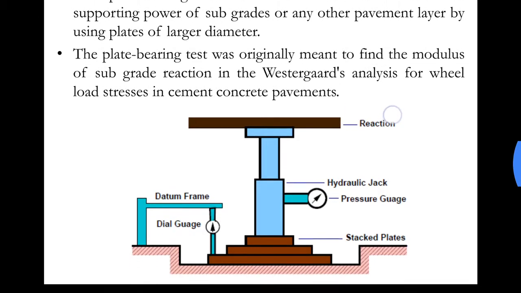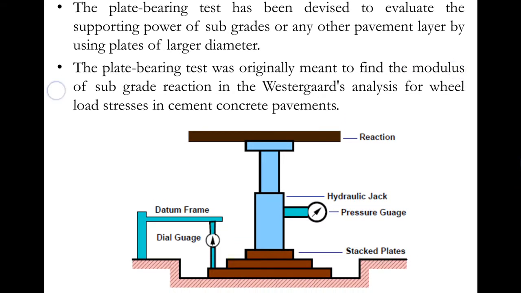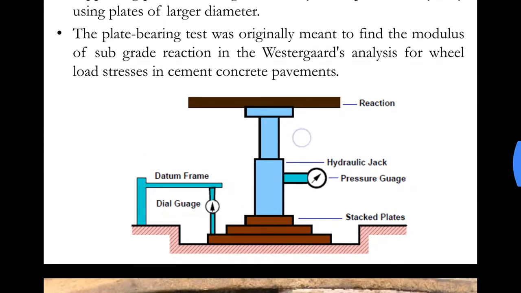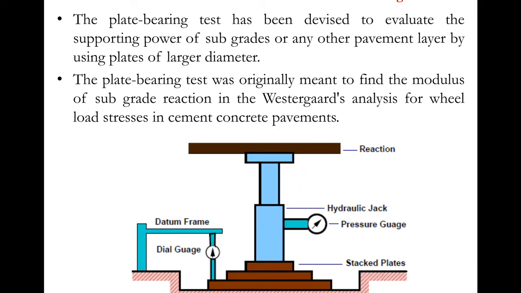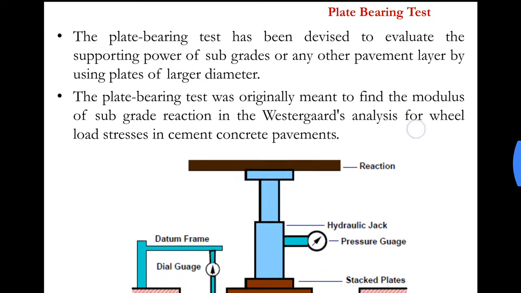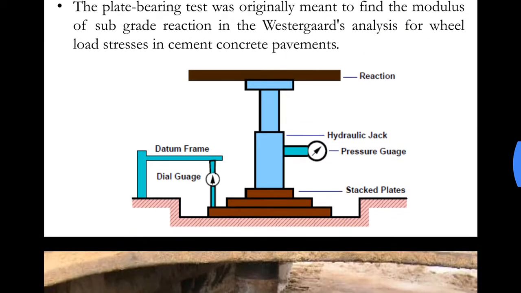So there is something known as modulus of subgrade reaction, which is denoted by a letter capital K. Now this capital K is used to find out the load stresses in rigid pavements under Westergaard's analysis, and it is also used for the design of rigid pavements.